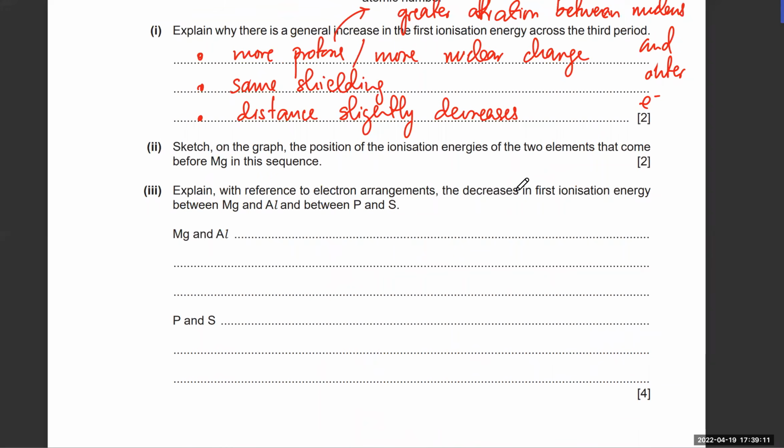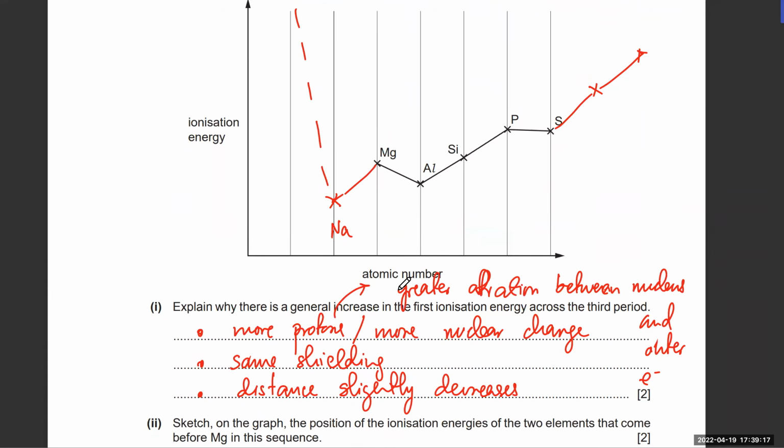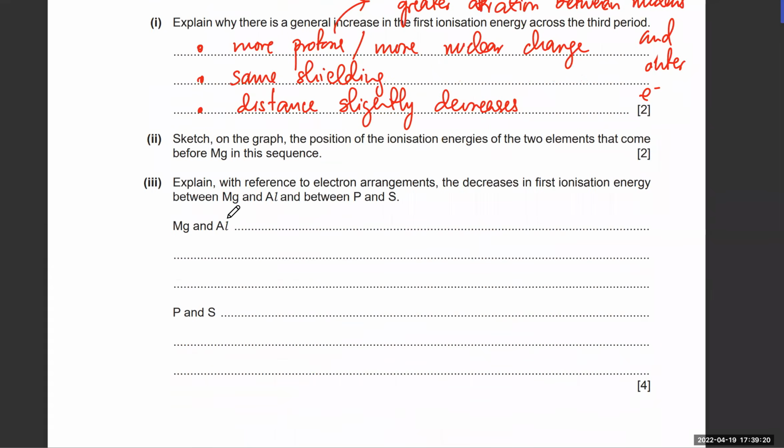Explain, with reference to electron arrangements, the change in first ionization energy between Mg and Al. So Mg and Al, why is there a dip? What's the explanation for this? You have to explain. The electron is in a p orbital for Al.